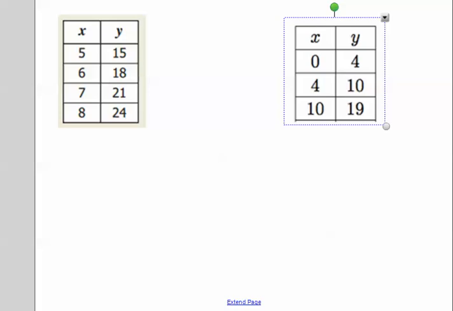When you have tables, are either one of these tables direct variation? You can't just say yes or no, you have to think about it. So what we're going to do is know that direct variation is y equals kx, where your constant of variation is y divided by x. So you can take the first point, 15 divided by 5, you get 3.